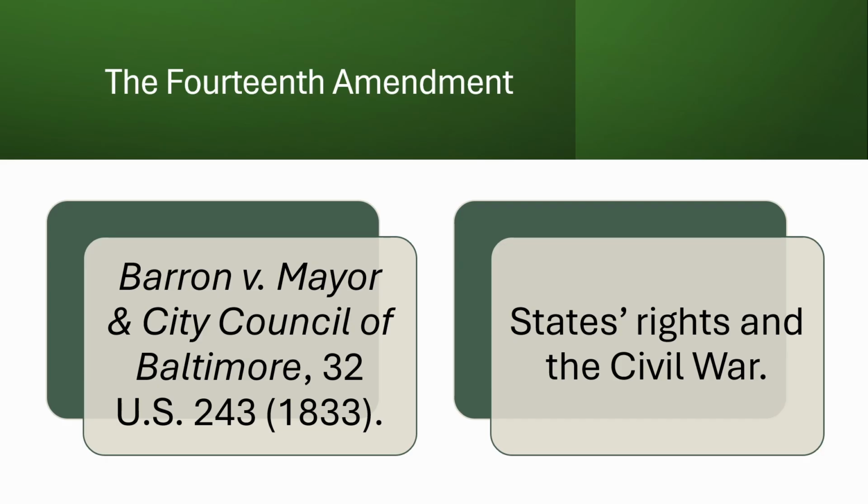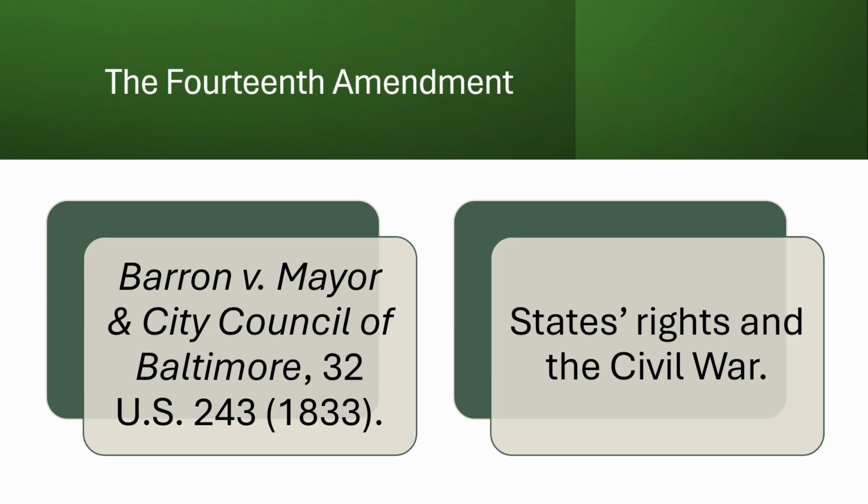The 14th Amendment, adopted in 1868 after the Civil War, was intended to guarantee citizenship and protect the rights of formerly enslaved people by preventing states from denying due process, equal protection, or fundamental liberties. This represented a major shift from the Supreme Court's earlier ruling in Barron v. Baltimore in 1833, which held that the Bill of Rights restricted only the federal government, leaving states largely free to infringe upon individual rights.